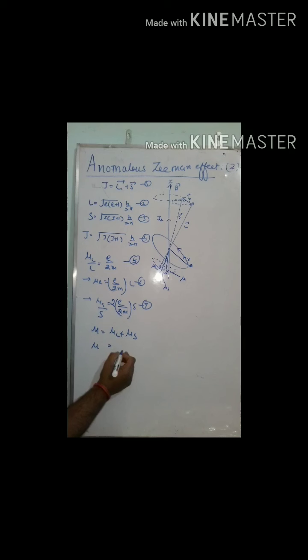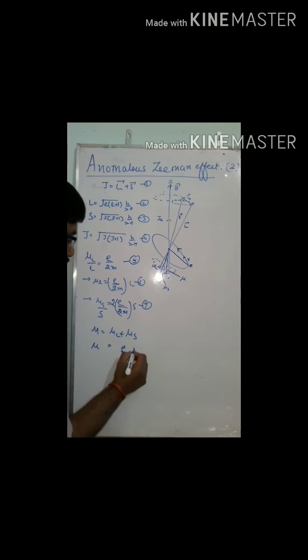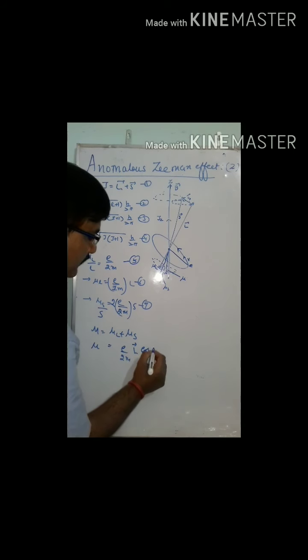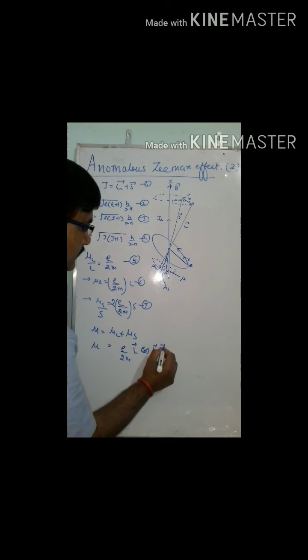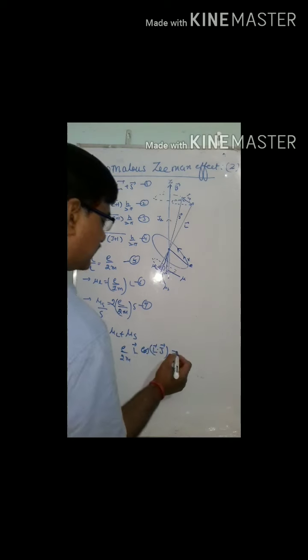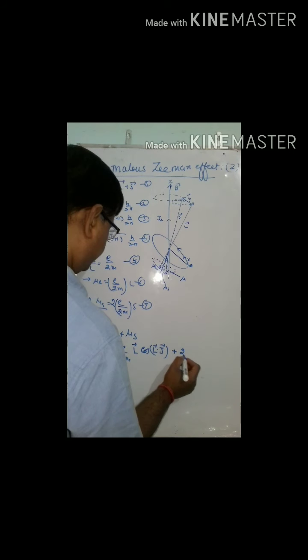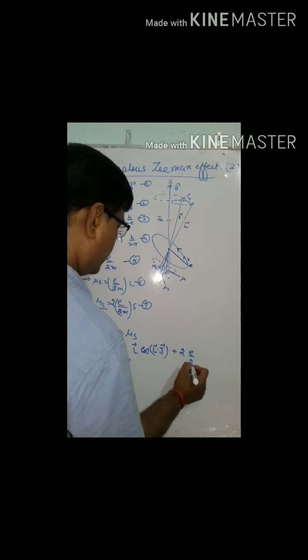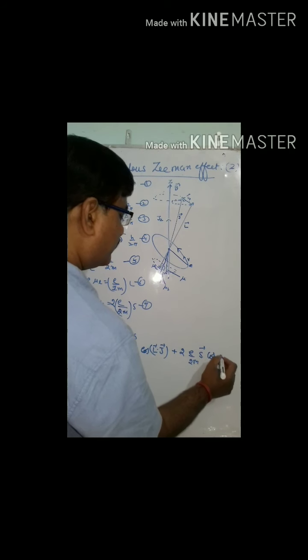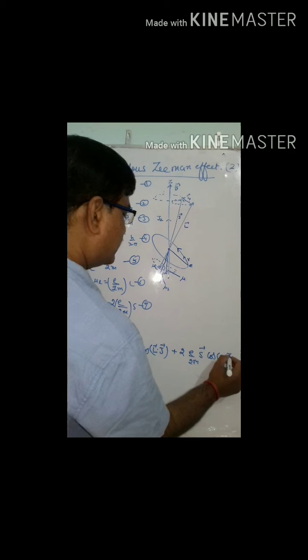That will be equal to e upon 2m into L. Mu L is e upon 2m into L into cos of LJ, right? Similarly, this will be equal to 2 into e upon 2m into S into cos of SJ.